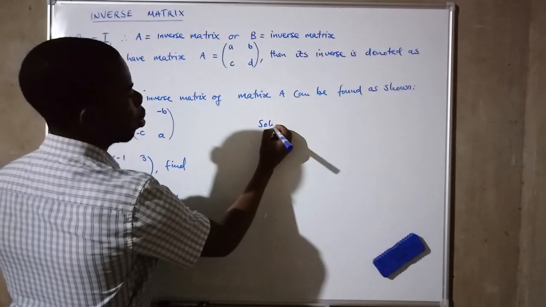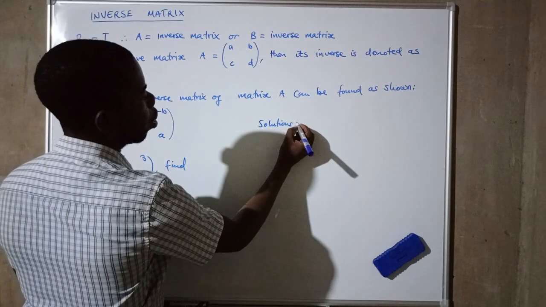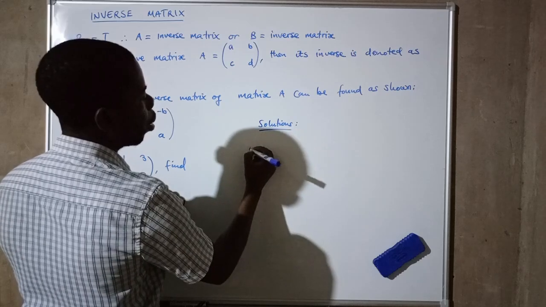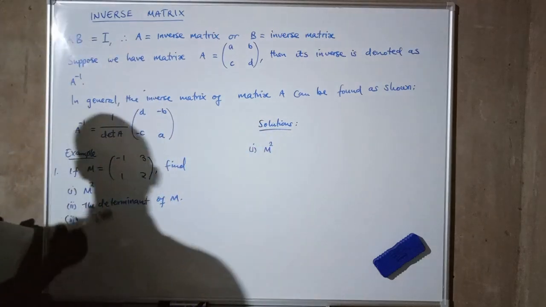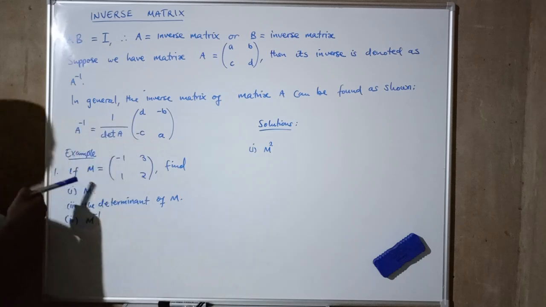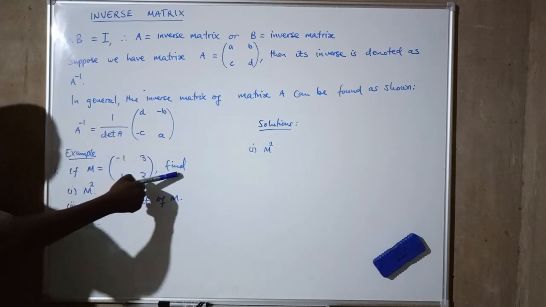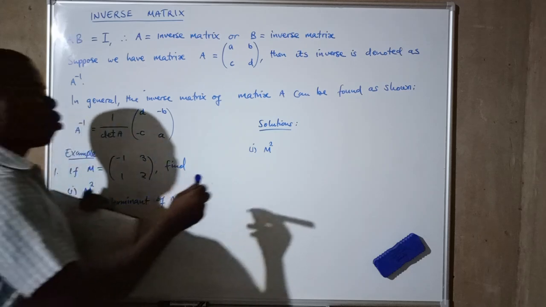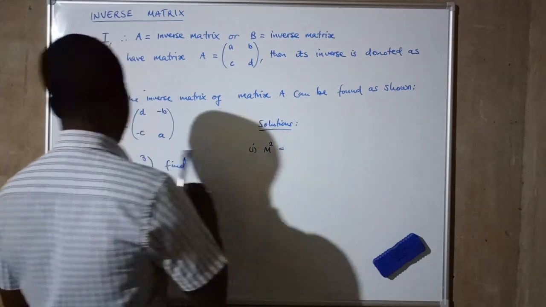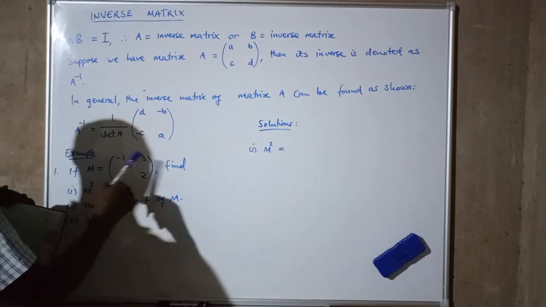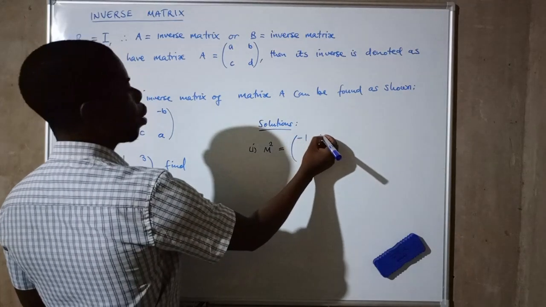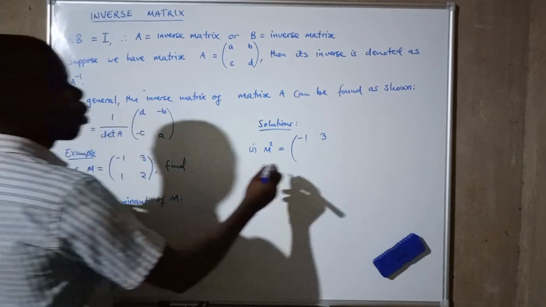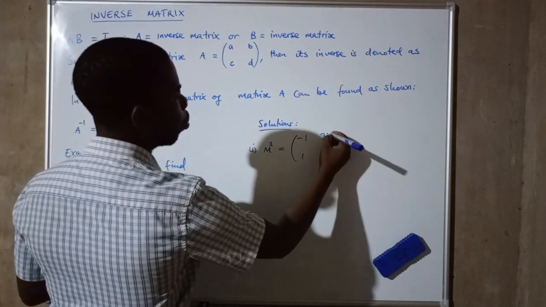Okay, let's look at solutions here. So 1, they want us to find M squared. If M is equal to this, then they say find M squared. It means it's the same as M times M, where M is this one here. So open brackets, negative 1, 3, 1, 2, you close.